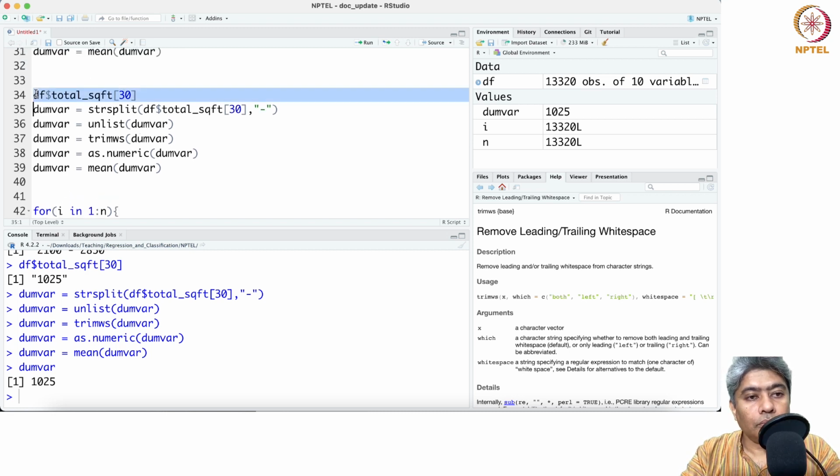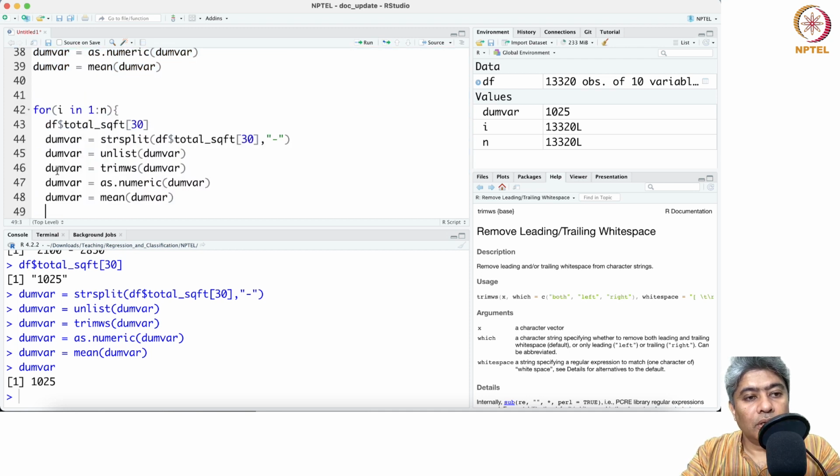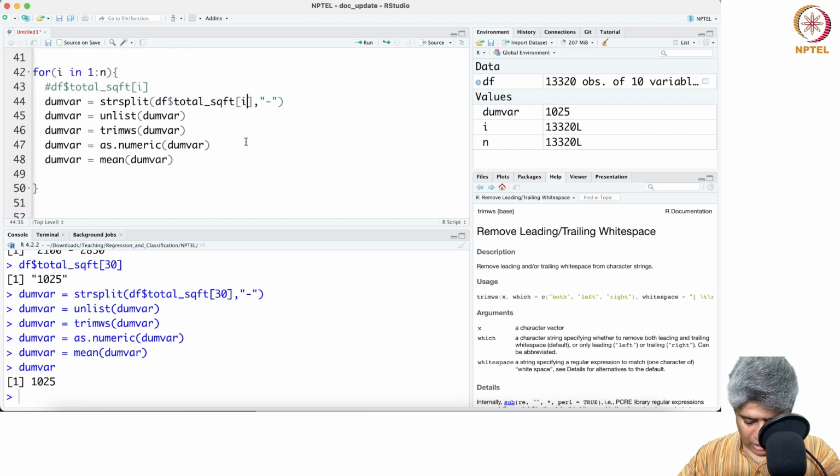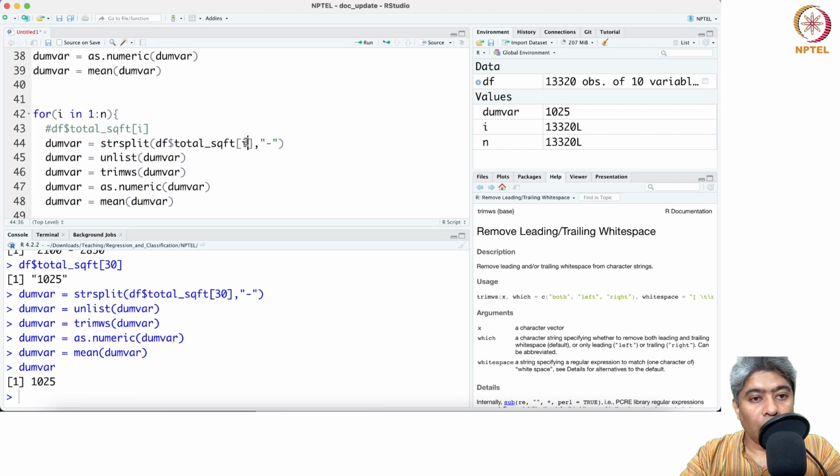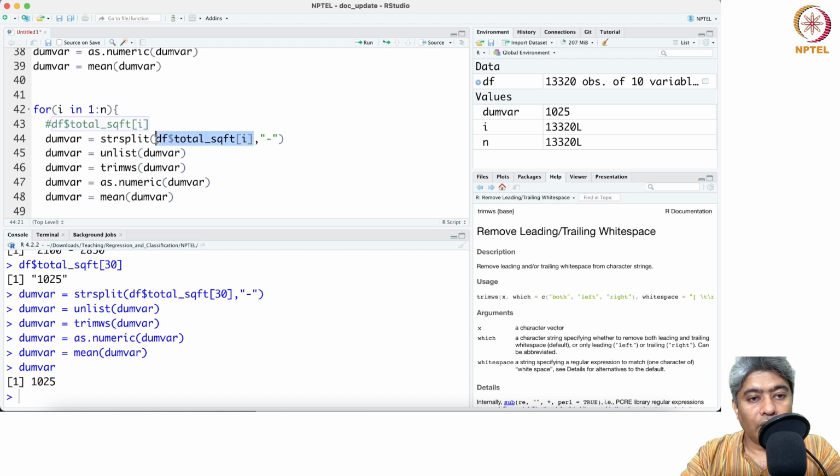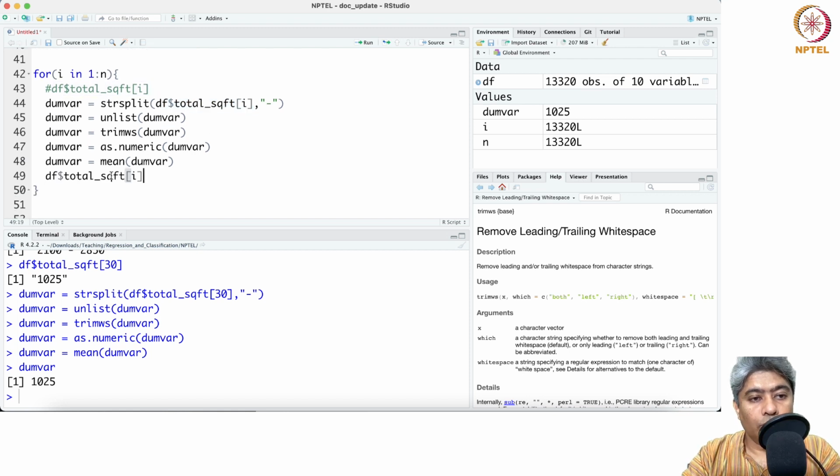Let me copy this and paste it. I don't need this part, I just need to put i here, and in the end, for df total square feet i, you put this dummy variable, and then you are done essentially. Let me run this operation.